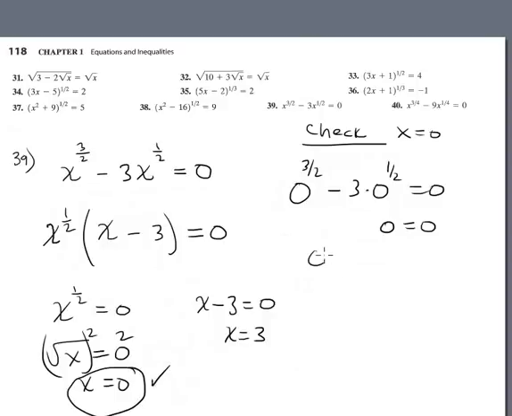Now checking for 3. Check for x equal to positive 3. So it's 3 raised to the 3 over 2 minus 3 times 3 raised to the 1/2 is 0.